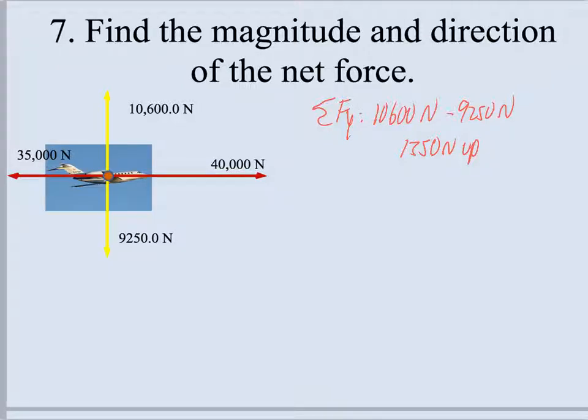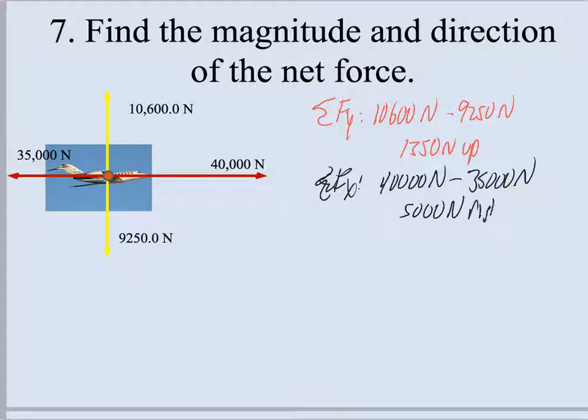And for the sum of the forces along the x-axis, we have 40,000 to the right minus 35,000 to the left. And we subtract them because they're pointing opposite directions. And 40,000 minus 35,000 gives us the sum of the forces in the x direction as 5,000 newtons to the right.